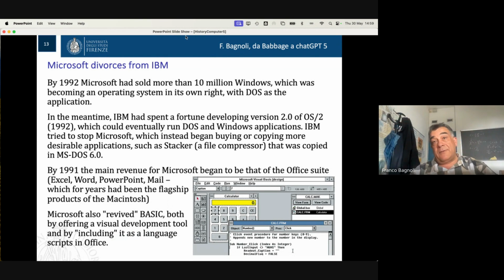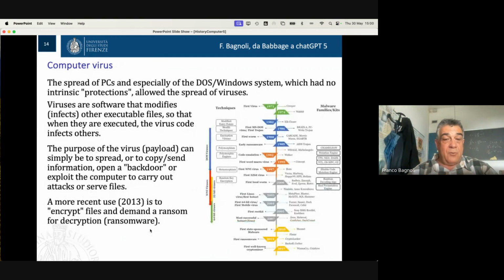Clearly, this also opened the way to having Visual Basic viruses in your Office. So you could send a Word file with macros written in Visual Basic, and since these macros had the power of opening other files, they could copy themselves into other files and finally infect the whole system.